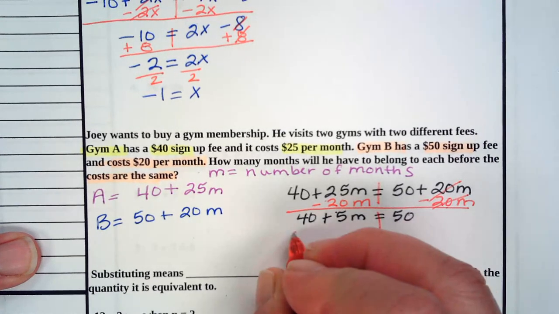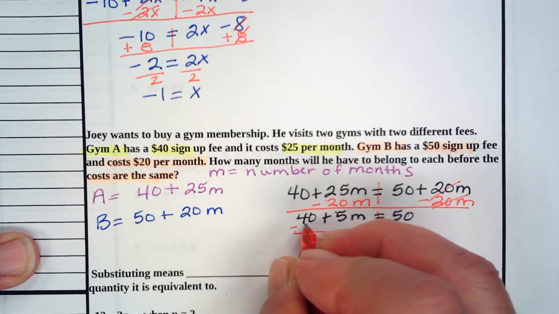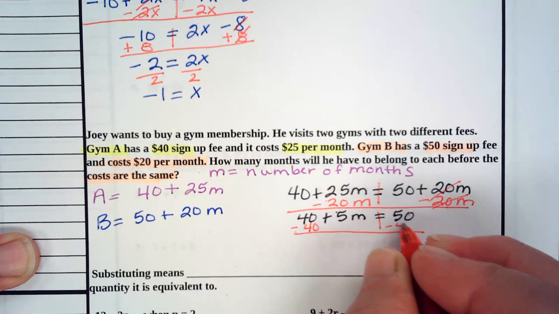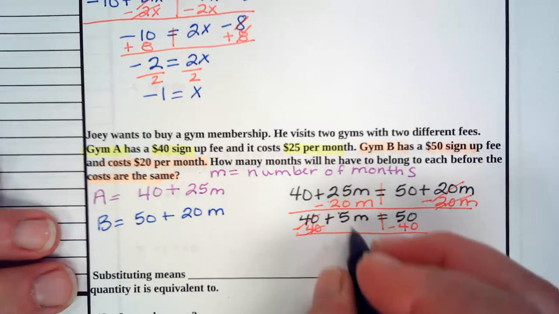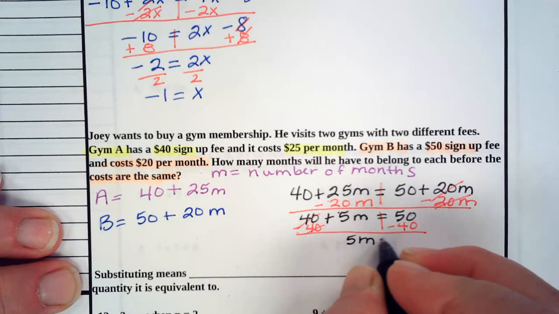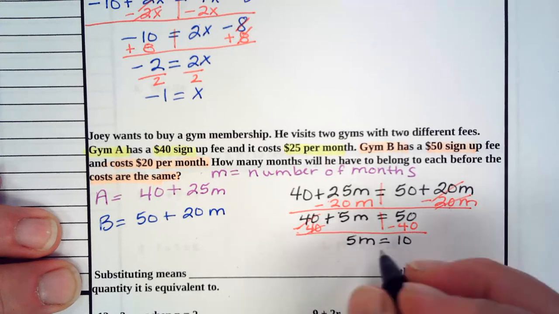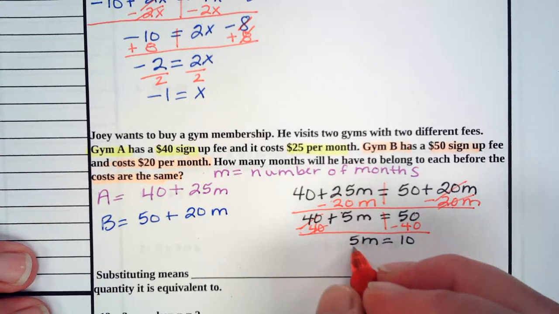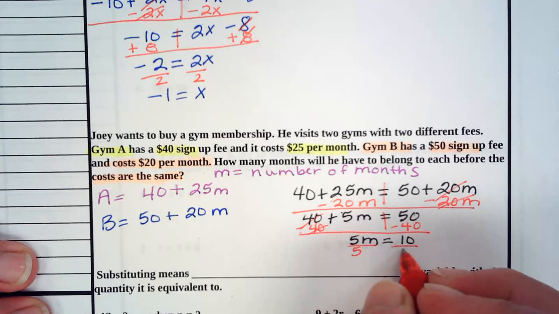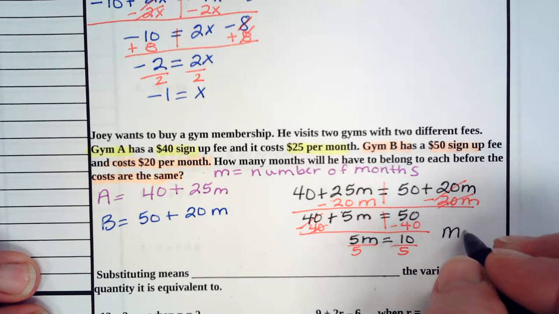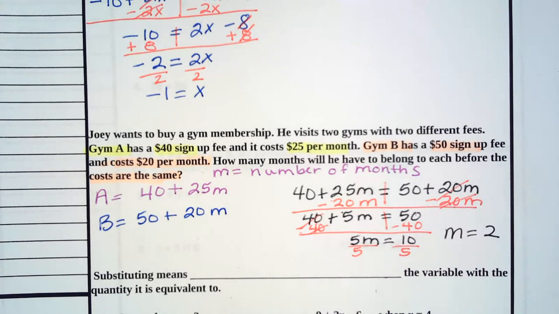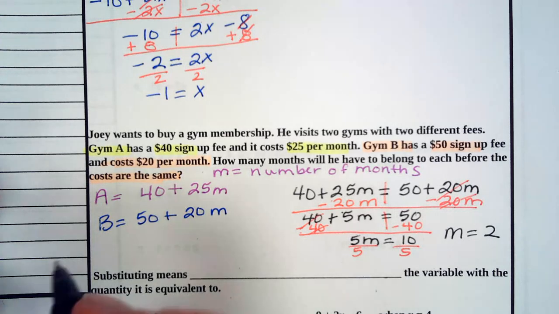Need to get the 40 moved to the other side, so I will subtract 40. I've eliminated it. 5M is equal to 10. Divide by 5. M is equal to 2. But what does that mean? It means that after 2 months, the costs are equal.